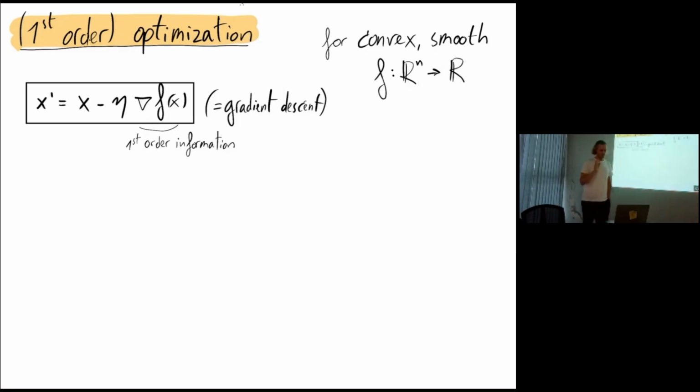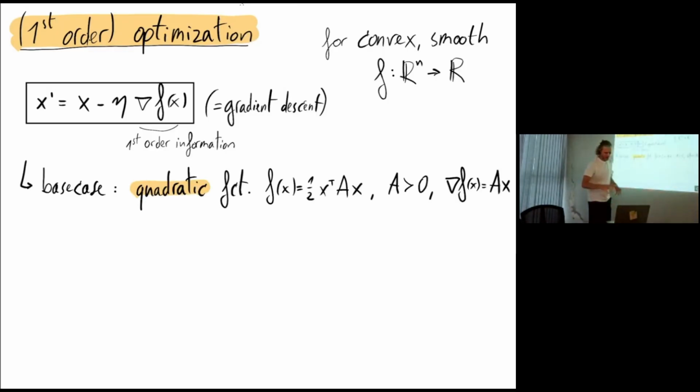Throughout this talk, the guiding example will always be quadratic functions. This is going to be a critical example for first order and second order optimization, but also for first order and second order quantum optimization. So let's make sure we get this picture right.